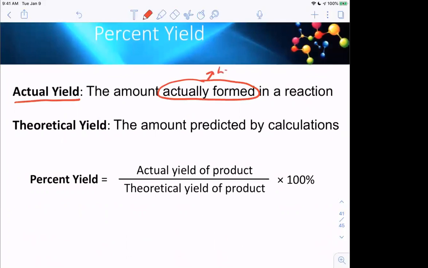So this is either determined in lab or must be a given in your problem. The theoretical yield is predicted by calculation. So this is what I get in my stoichiometry product, my theoretical yield. My percent yield is the actual yield divided by the theoretical yield times 100.